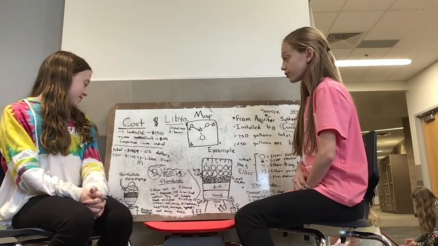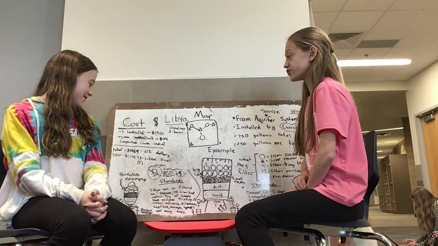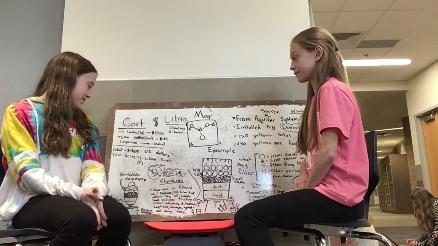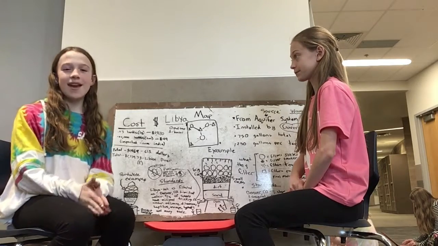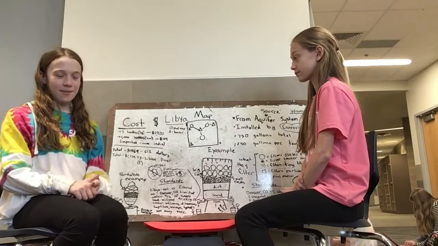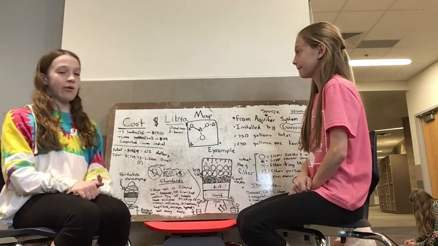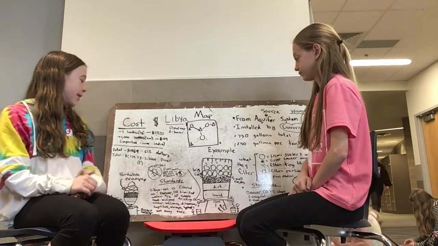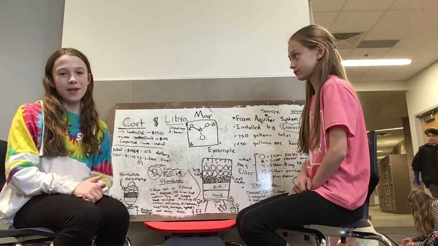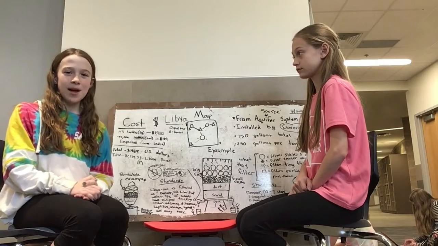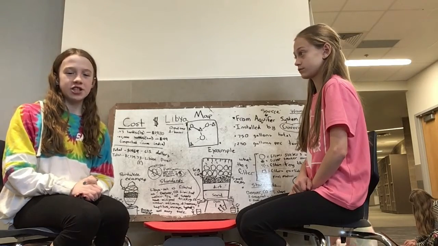The total in Libyan dinar would be $2,735. That's not that much money, and based on how much money the Libyan government makes off of selling oil and minerals, they should be able to buy this no problem, and this will definitely help their two major water issues.